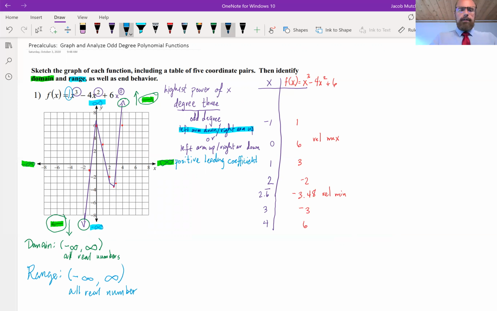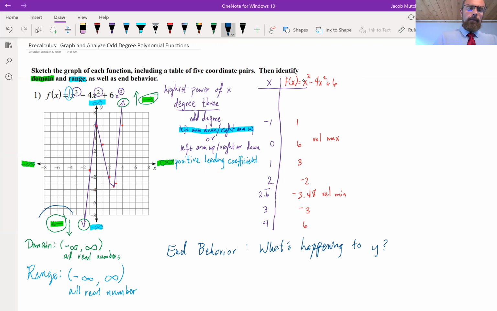We'll round out our analysis here by describing the end behavior. And where we'll lean are our arrow pairs that we drew to help with the domain and range. Remember, end behavior answers the question, what's happening to y? So I'll look at the lower pair of arrow hairs on the left, and I see there that all I got to do again is translate.